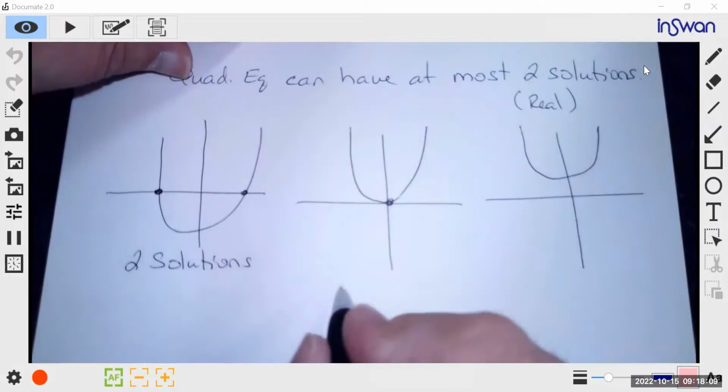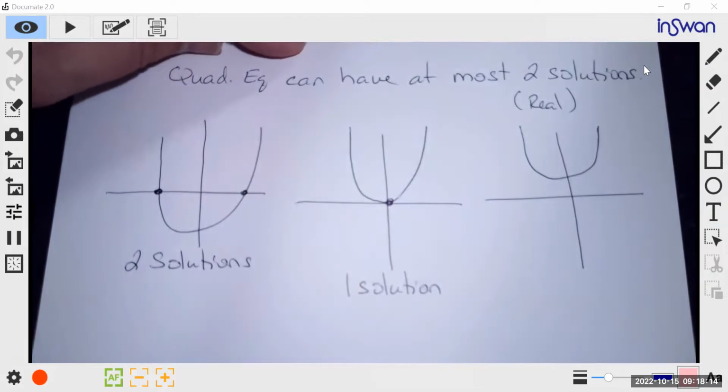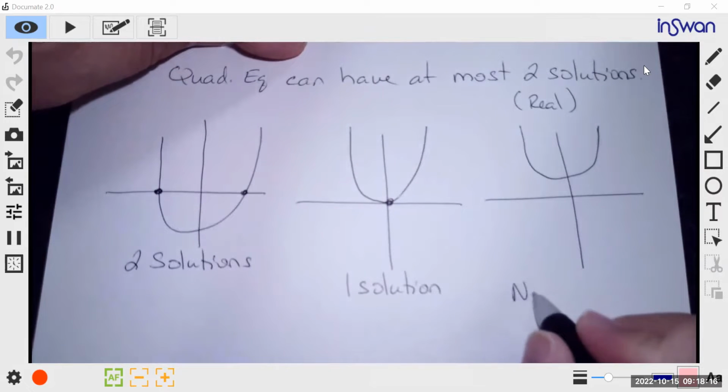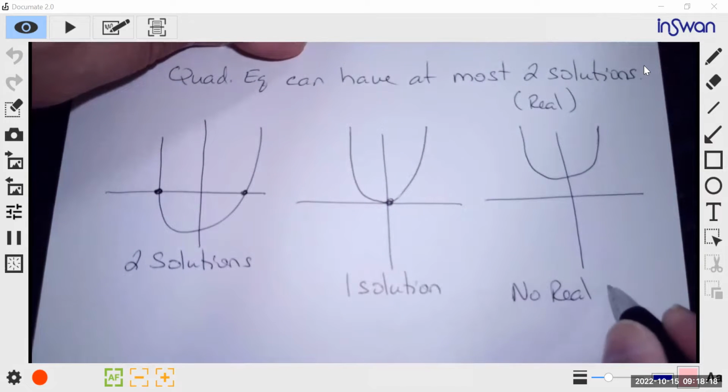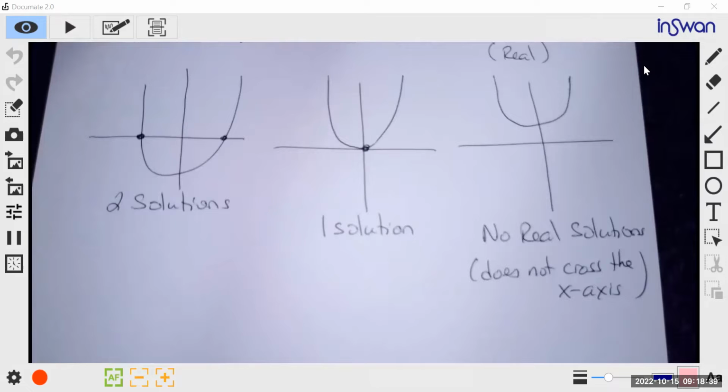It can have only 1 solution. Or it can have no real solutions, meaning it doesn't cross the x-axis. Those are the 3 possibilities that can occur.